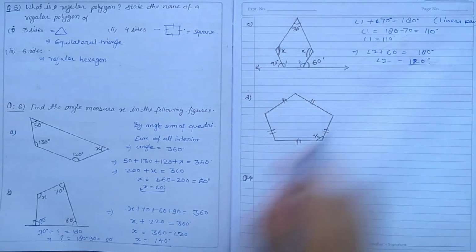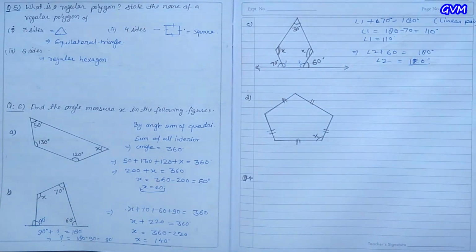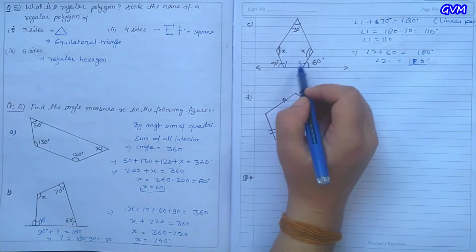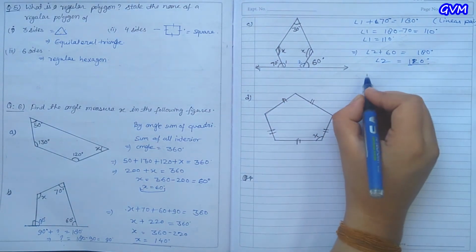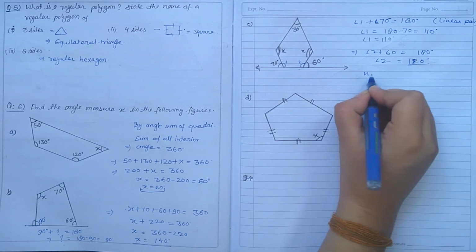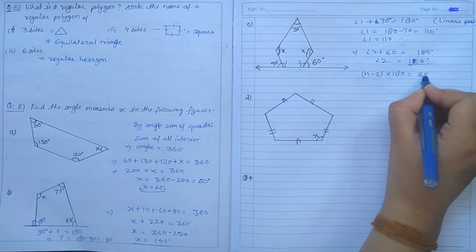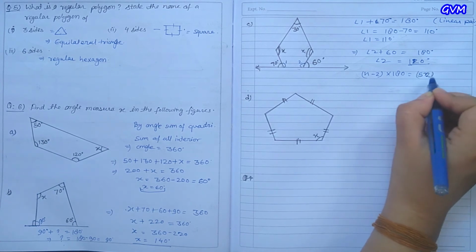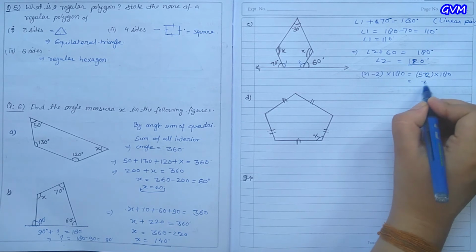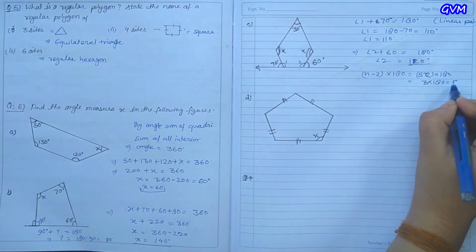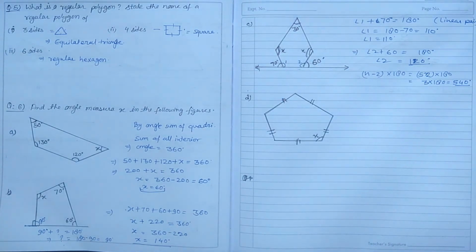By linear pair. Now, as we know, we have 5 sides in this figure, so the angle sum of this figure is (n minus 2) times 180. So n is 5, (5 minus 2) is 3, times 180, that is 540 degrees. So the angle sum of this figure is 540.